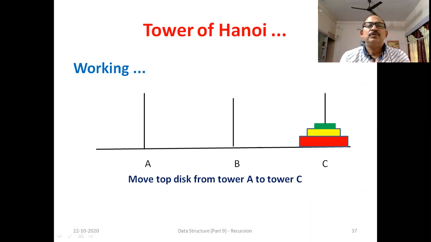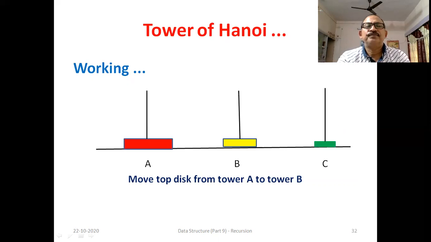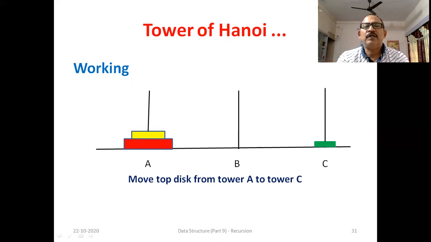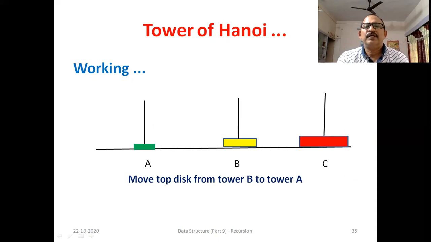Let us count the moves to move the 3 discs from tower A to tower C. What is the total number of moves? Let us count it. Here you can see one movement, 1, 2, 3, 4, 5, 6 and 7.